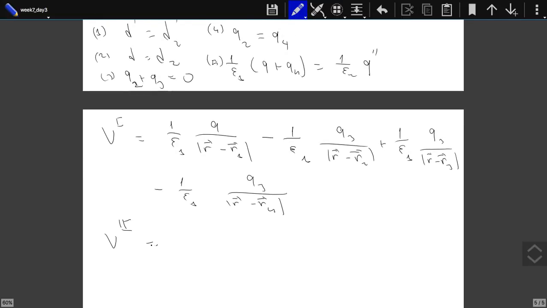And the potential in region 2 will be, well, we said that it was 1 over epsilon 2 q double prime divided by |r minus r1|. But you see q double prime over epsilon 2 is nothing but (q plus q4) divided by epsilon 1, but q4 is minus q3. So this is equal to 1 over epsilon 1 (q minus q3) divided by |r minus r1|.